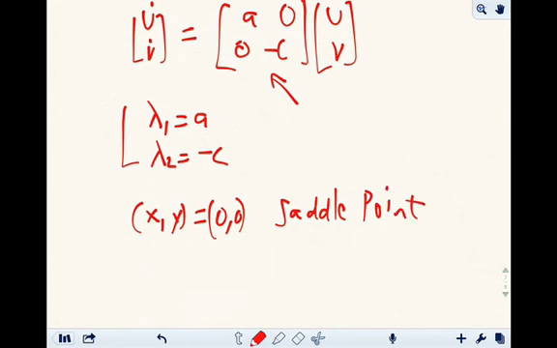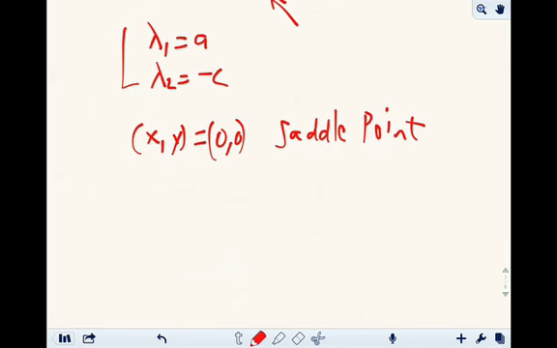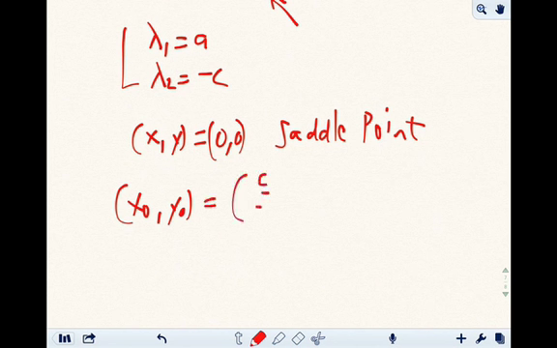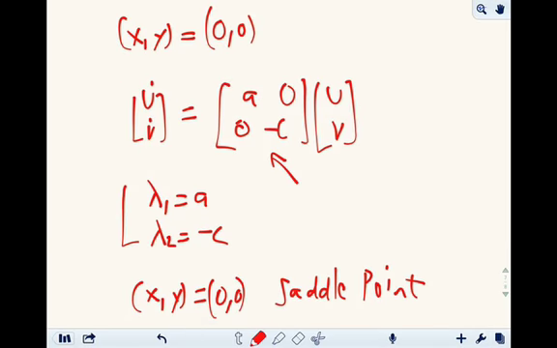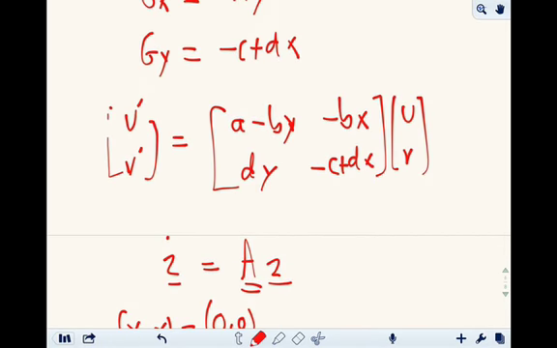The second critical point, (x naught, y naught), equals (c over d, a over b). If we go back, plug that into our Jacobian. So we let y be a over b, and we let x be c over d. This term goes to 0, this term goes to 0.